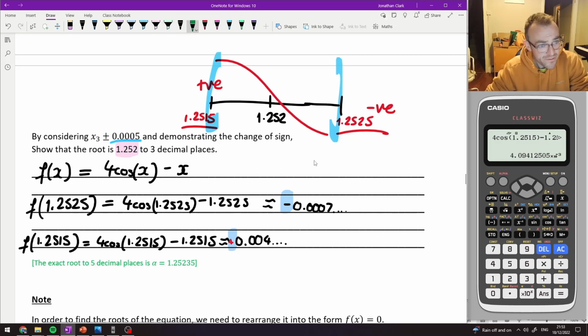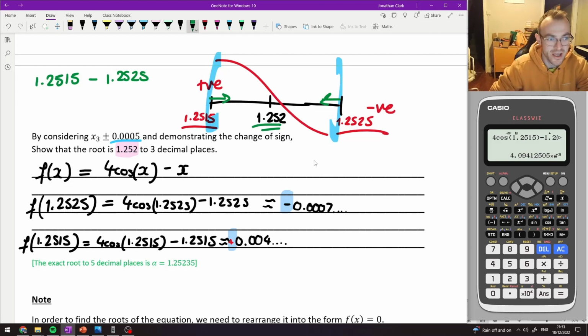And if you know your number is between this sort of interval, you know that to 3 decimal places, it's going to round to 1.252. So we have got a correct value for the root to 3 decimal places.